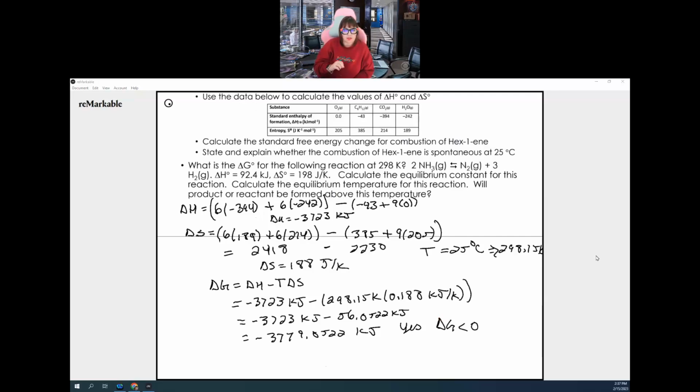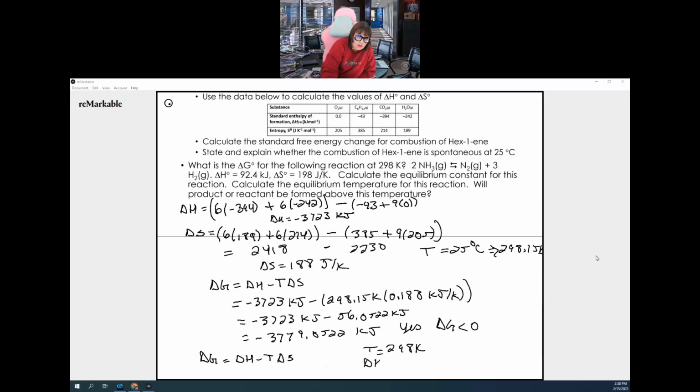Okay. What is delta G for the following reaction at 298? We have 2NH3 goes to N2 plus 3H2. We were given some values for that. So I want to calculate delta G. That's equal to delta H minus T delta S. My temperature is 298 Kelvin.